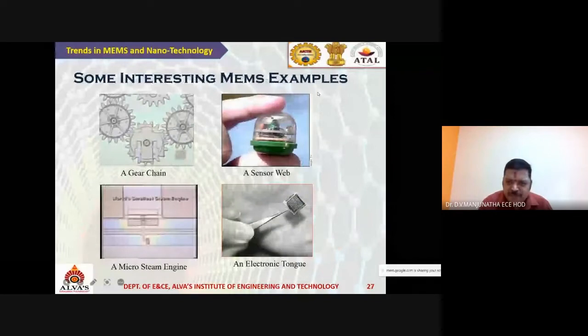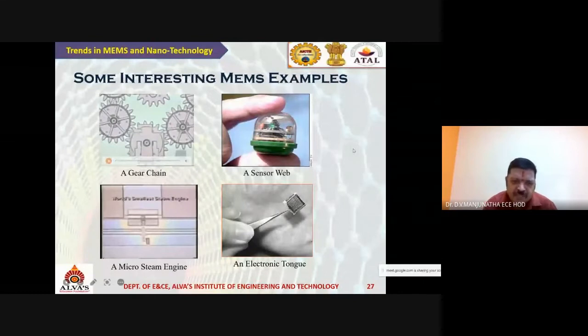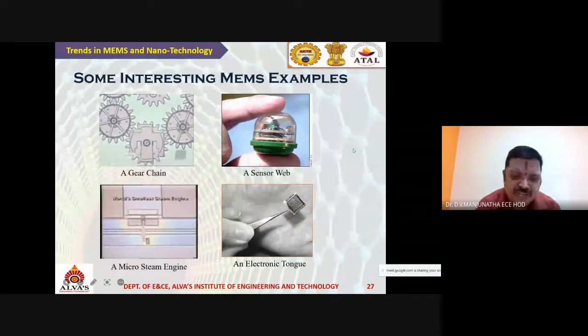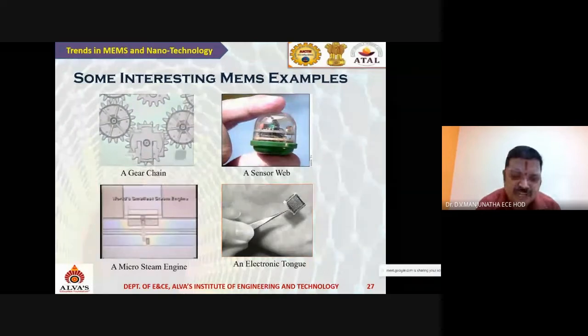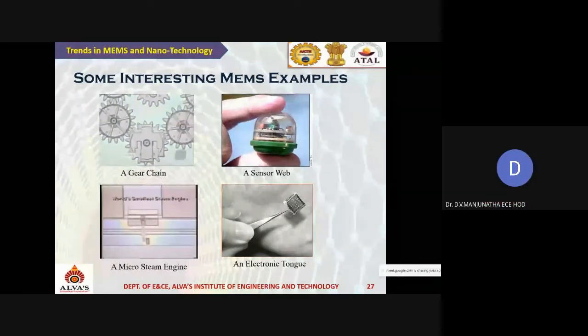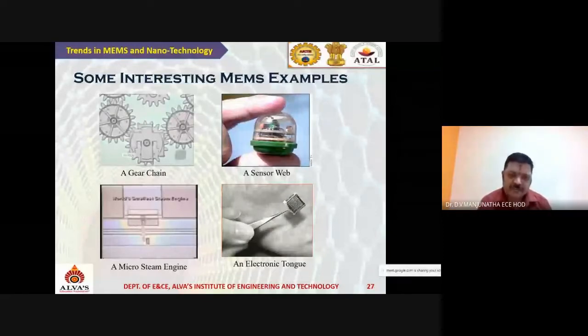Some of the interesting MEMS examples are a gear chain. You have seen MEMS gearing systems in the new cars nowadays. You write a small line on the road, and on the road, you can stop the car by a system called the MEMS braking system, right?